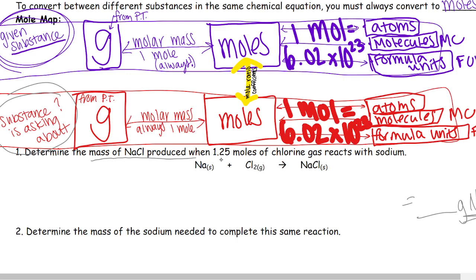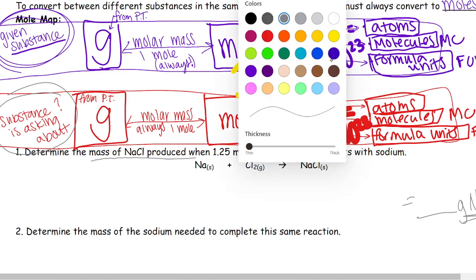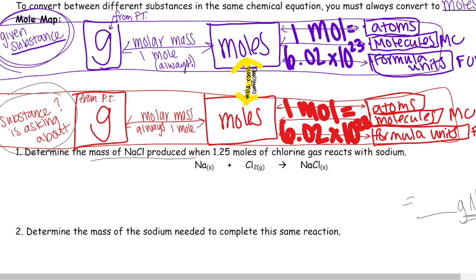And it says when 1.25 moles of chlorine gas reacts with sodium. So I'm going to start with my given information. I'll use a different color for this one. Let's do like pink. So my given substance in this case is chlorine gas, Cl2. So my given is 1.25 moles of Cl2.